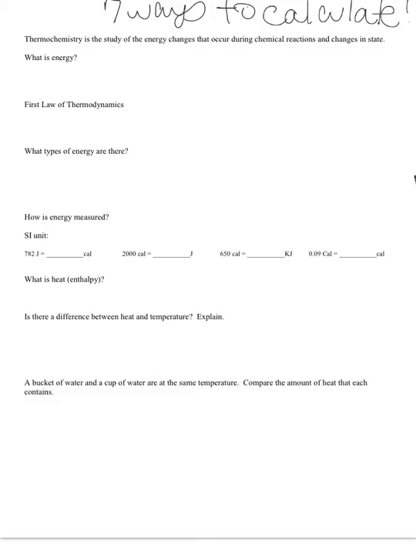Okay, so we're going to go through this chapter and we're going to learn about all these different ways in which we can calculate energy changes during chemical reactions or during changes of state.